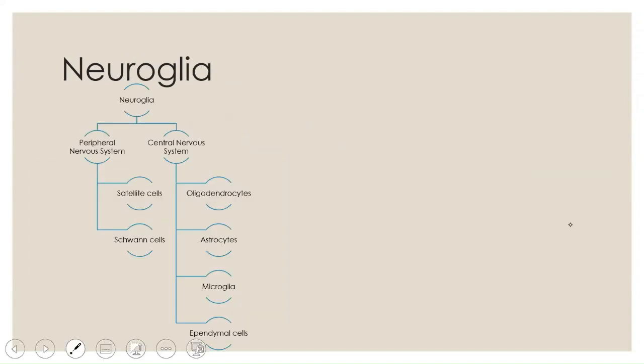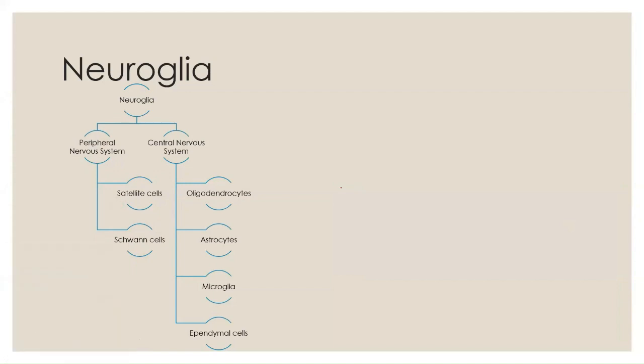Then about neuroglia. Neuroglia are supportive cells of the nervous system. They are usually found surrounding the nerve cells. So you already know about the Schwann cells. Then when you take the peripheral nervous system, other than the Schwann cells, you have satellite cells.